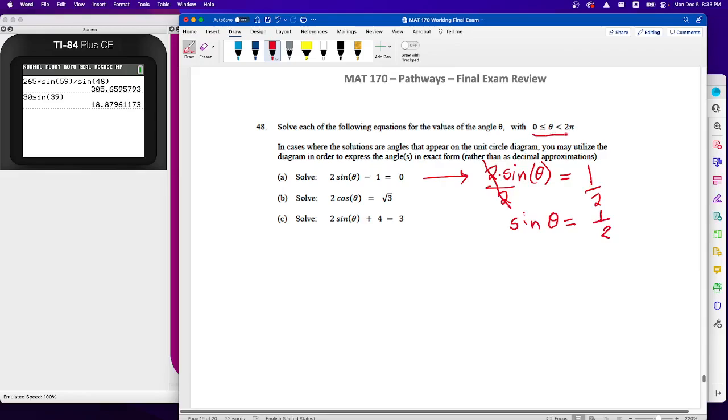Again, the angles that we're looking for are between 0 and 2 pi. We take the inverse sine of both sides.